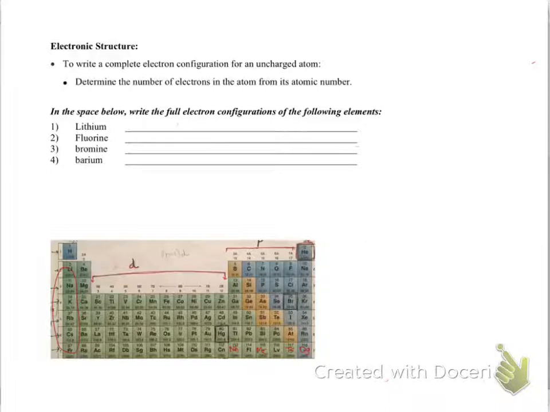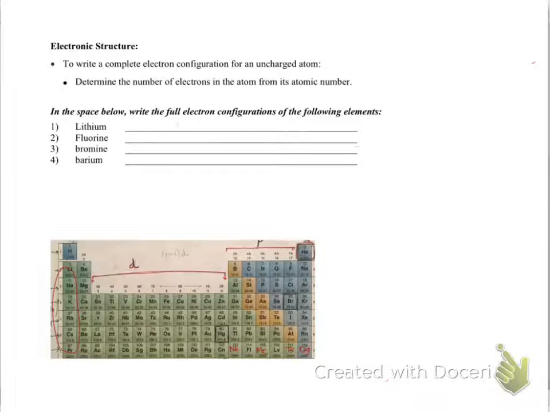Because they all have the same number of electrons present in the outermost shell. The elements in the first A group have one electron in the outermost shell. Elements in the second A group have two electrons in the outermost shell. Third A group, 3 electrons in the outermost shell, and so on.